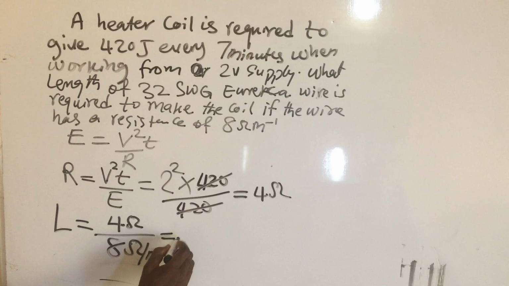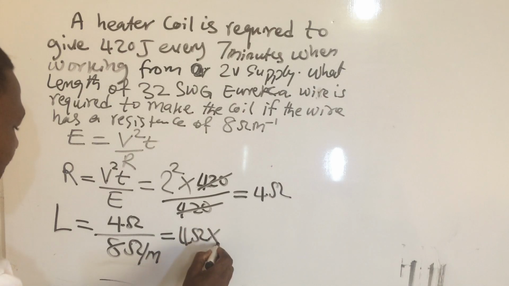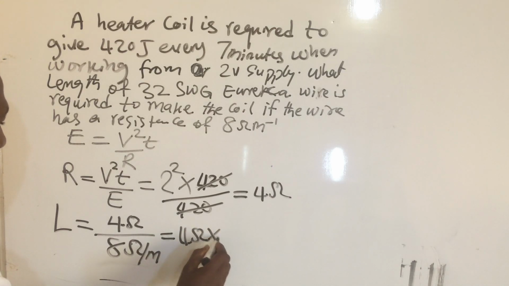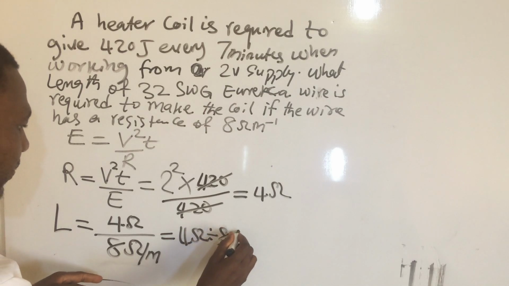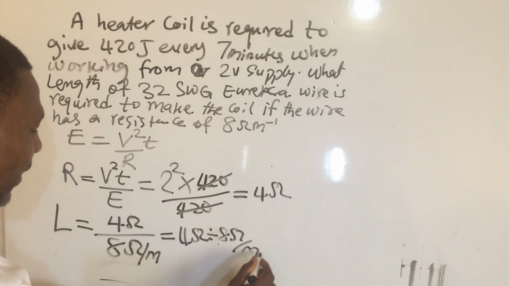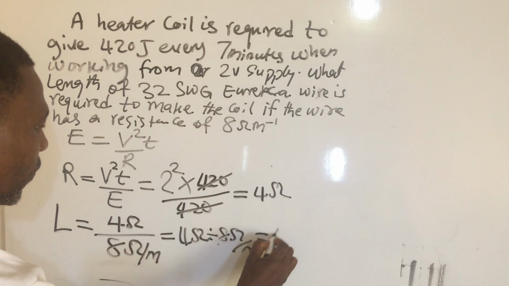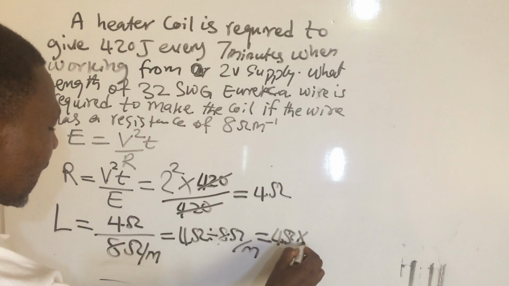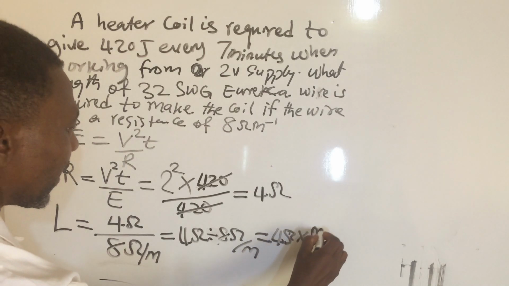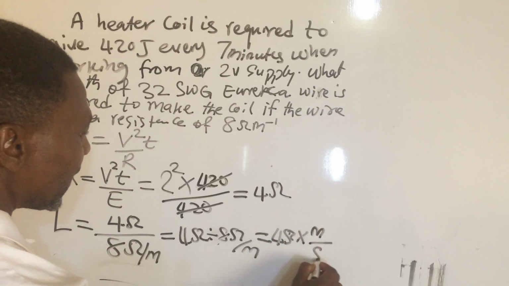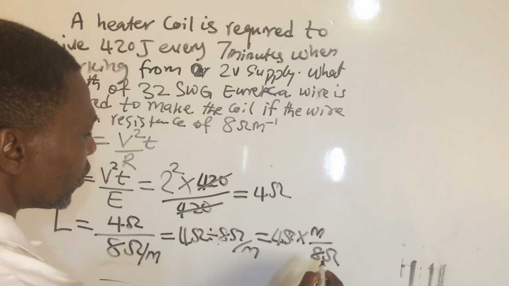If we continue, we have 4 ohms divided by 8 ohms over meter, which gives us 4 ohms times meter over 8 ohms.